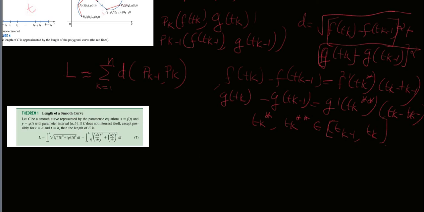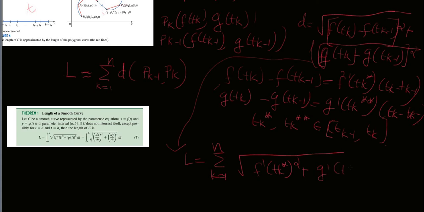After that, this can be converted to: L is equal to the summation from k equal to 1 to n of the square root of f dash tk star whole squared plus g dash tk double star whole squared, times delta t.